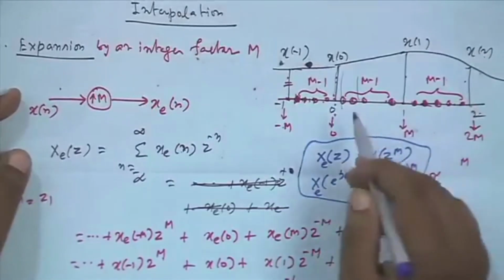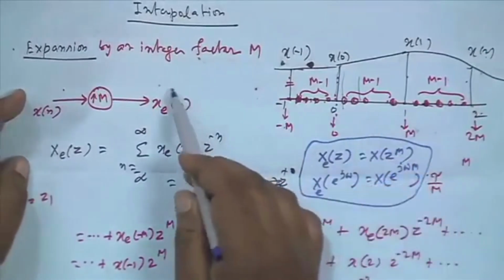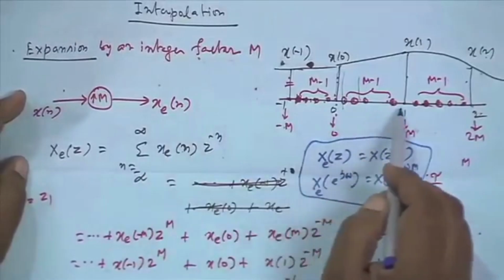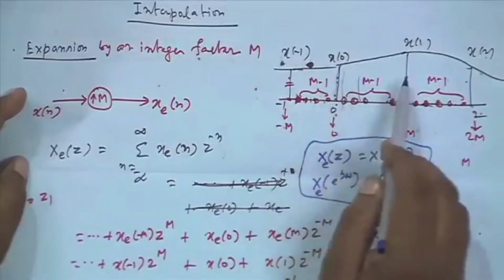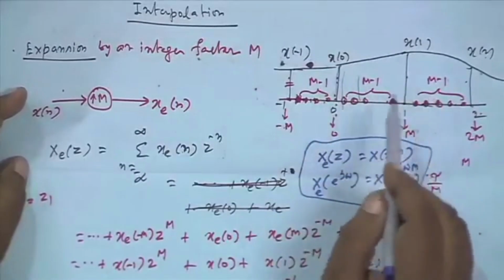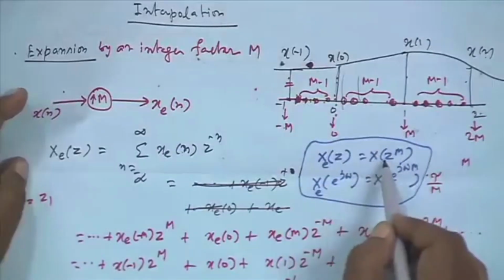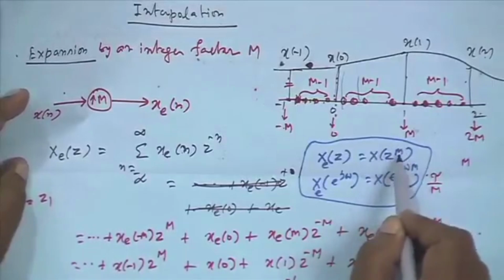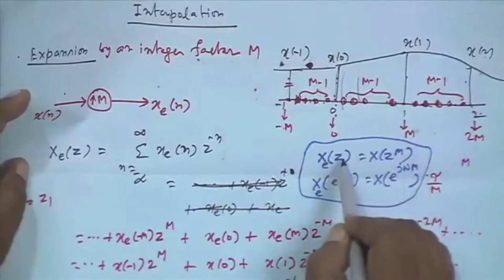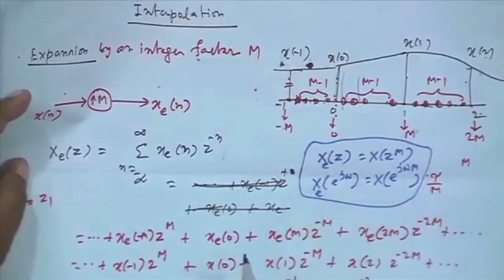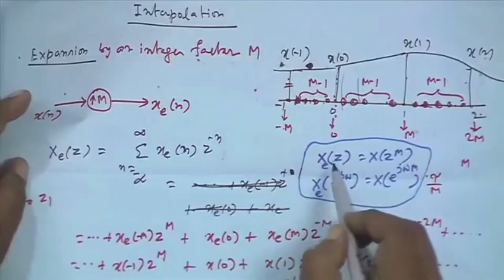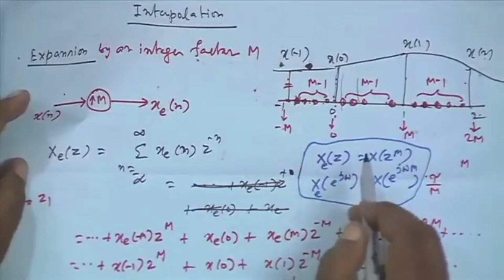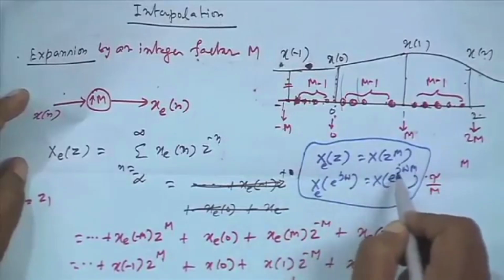Then I worked out this summation, capital Xe(z), the z transform of this expanded sequence which has m minus 1 zeros between every two samples, that is the original z transform X at z to the power m. So, the complex value is not z, it is z to the power m, whatever is the value that will be the z transform at z for Xe(z), and therefore, z equal to e to the power j omega I took for DTFT, and that was capital X(e to the power j omega m).